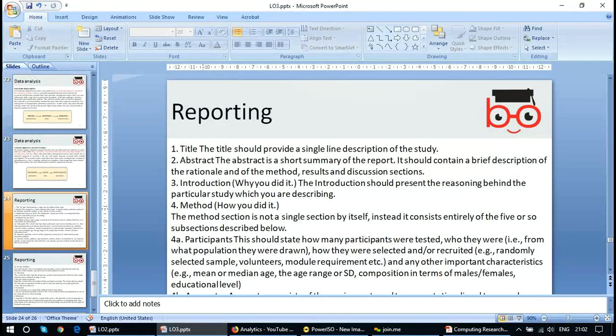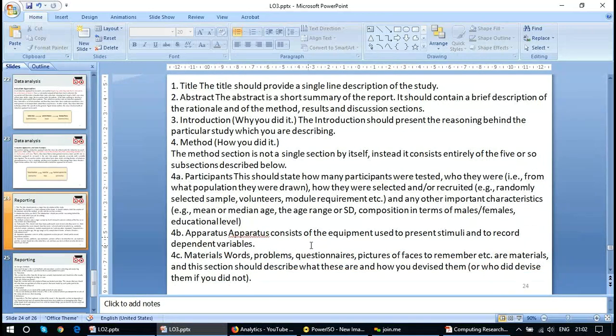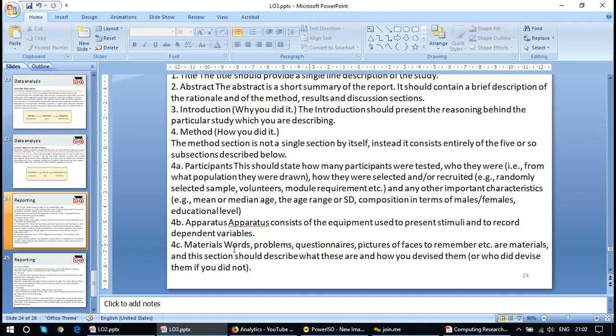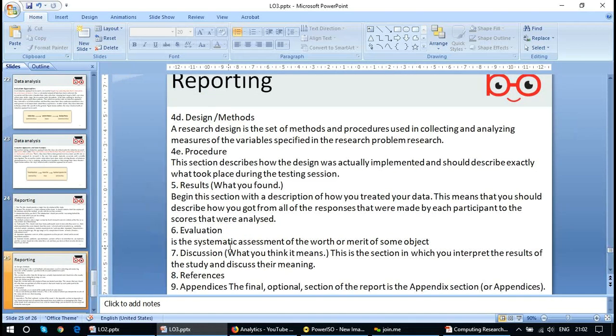Then you need to explain the method, how you did it, then participants involved, then apparatus or equipment that you used, then materials, words, problems, questionnaires, then design, methods, procedure, results, evaluation. You remember last time I explained that evaluation is basically the assessment of the worth or merit of some object, that is, how you have assessed the worth of your final outcome.